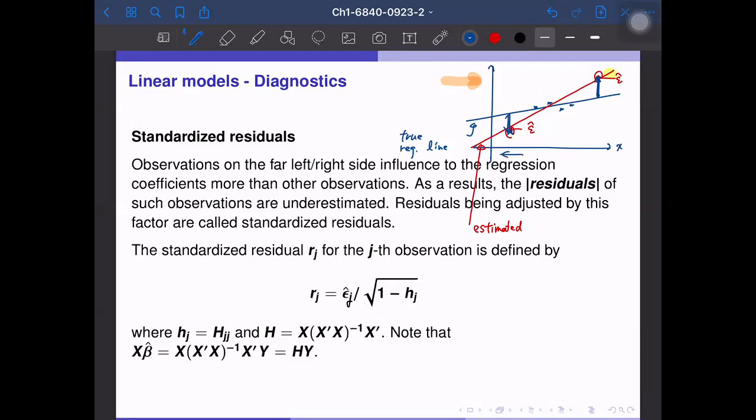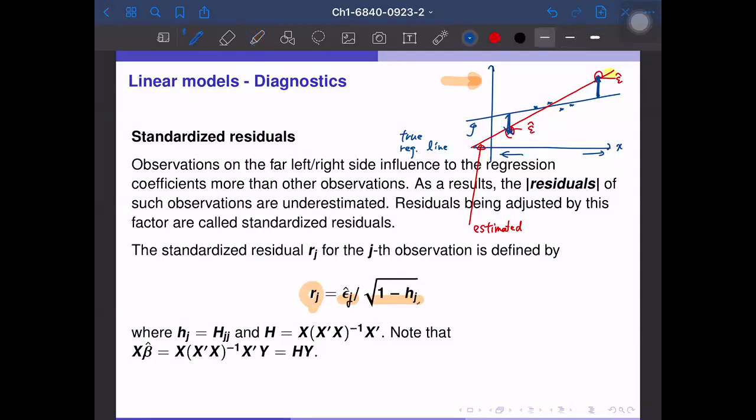So we have to adjust that term. So if original observation is epsilon j hat, we have to divide by some constant. If the observation xi is on the right end or left end, we have to divide this by a smaller number to make this adjusted, the standardized residual a little larger.